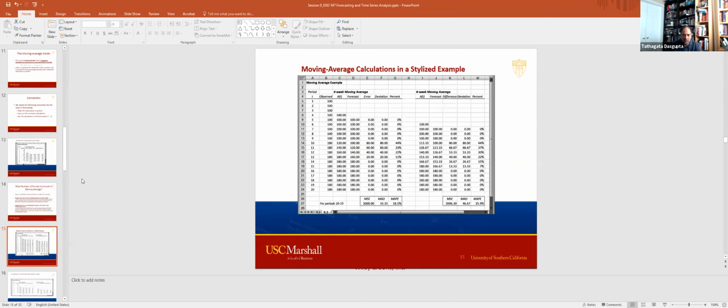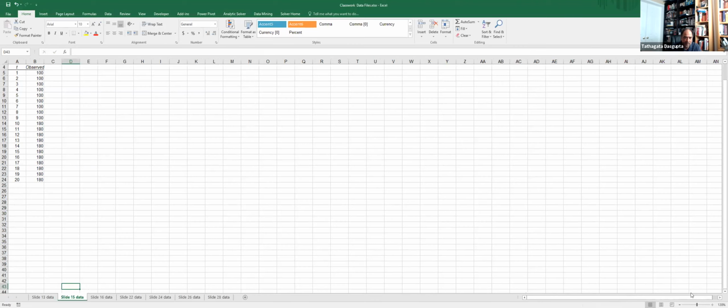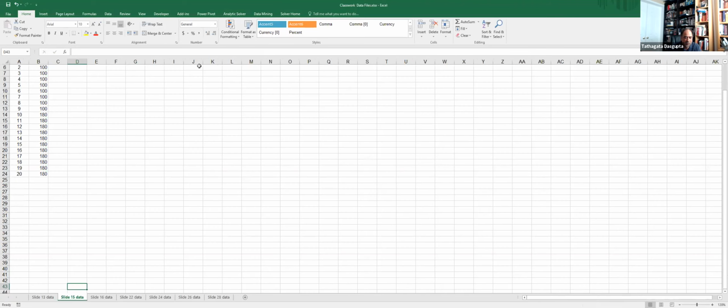So what we want to do is we have a fictional example. Open the spreadsheet again, the classwork data file, and go to slide 15 data, and I will share that with you. If you look at this data, can you tell me what you see?